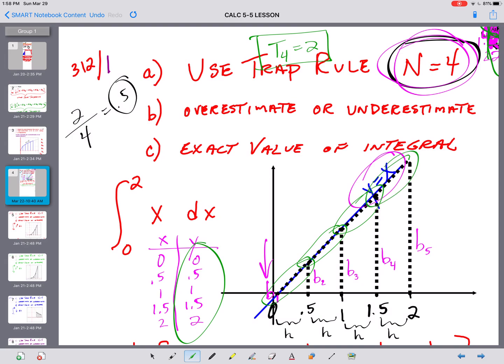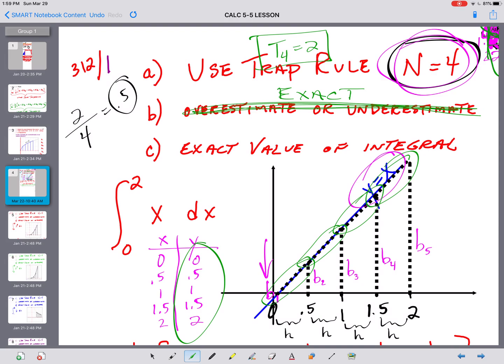Notice those lines on the trapezoids, they fit exactly on our equation. It's not an overestimate, it's not an underestimate, it's an exact value. The actual answer is 2.